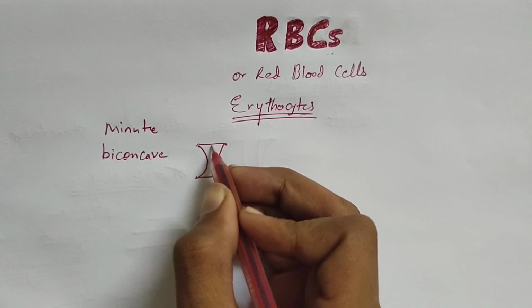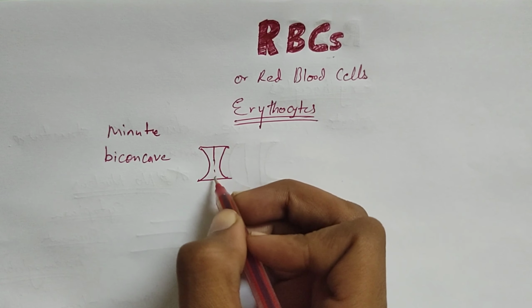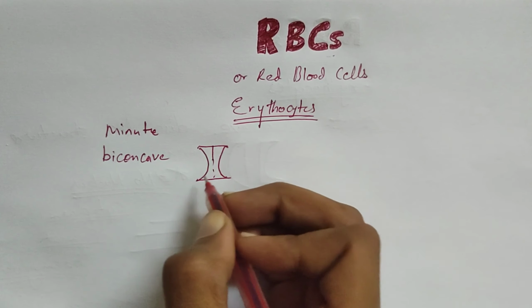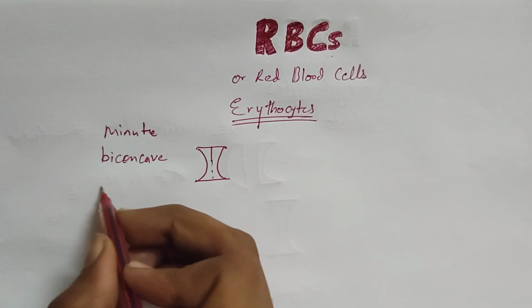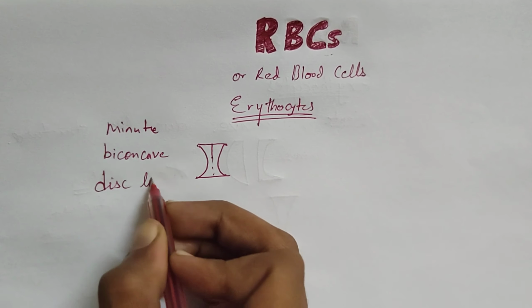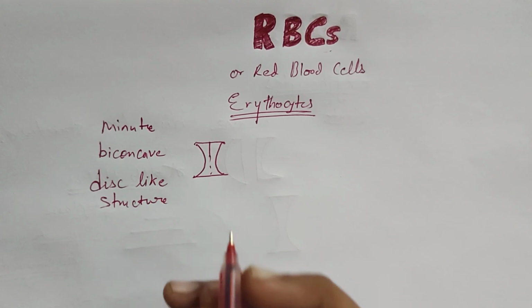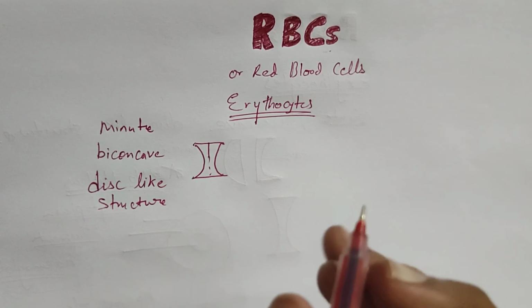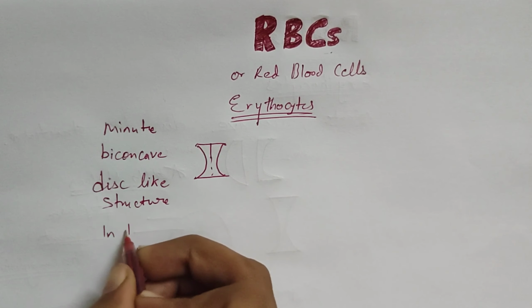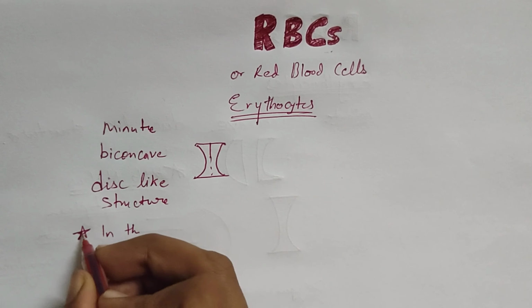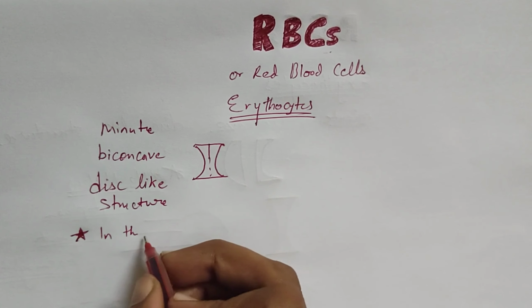You have studied concave and convex lenses in physics. It is like that. Biconcave and disc-like structure. It doesn't have a nucleus in it.